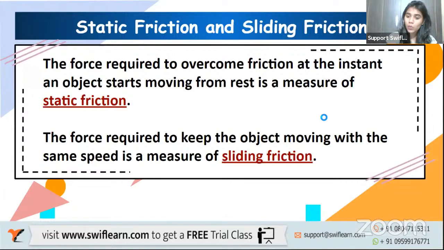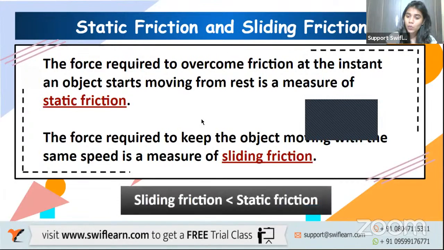Now coming to sliding friction. An object is already moving, already sliding, already in motion, and you are trying to push it. Which force is acting on this object now? Sliding friction.